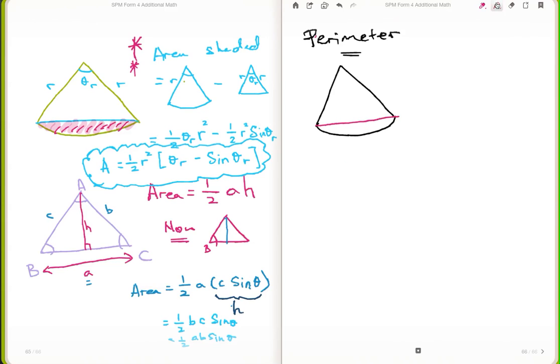The parameter here and here, given that the angle here is theta radian, and the length of the radius is r. Now, you need to find out the parameter.